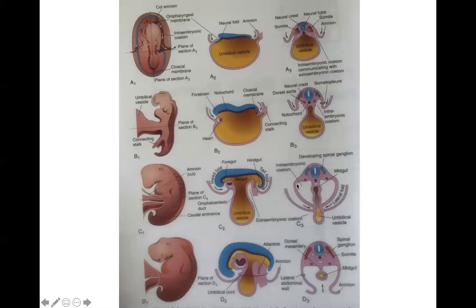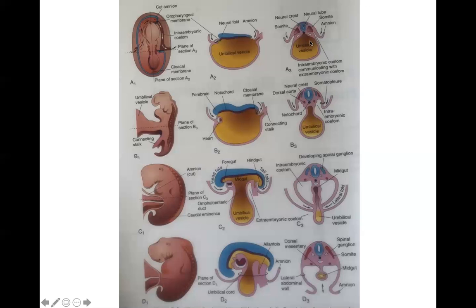So the lateral folds. This section in A3 up here is taken right where the intraembryonic coelom opens into the chorionic coelom, right? The intraembryonic opens into the extraembryonic, the chorionic sac, basically.